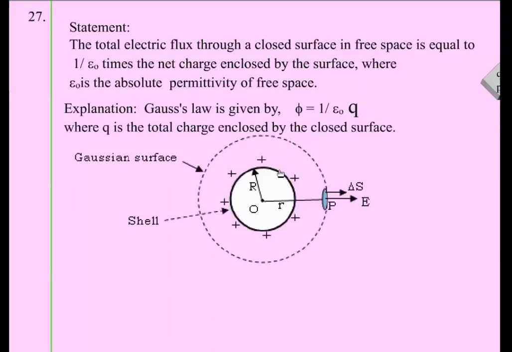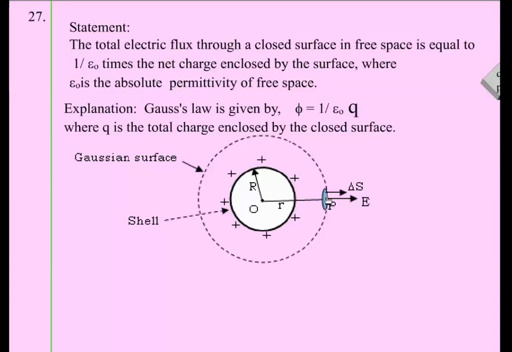Consider the diagram. Look here, this is the charged shell of a conductor. This is the charge uniformly distributed on this shell. Let R be the radius of this conductor. O is the center.